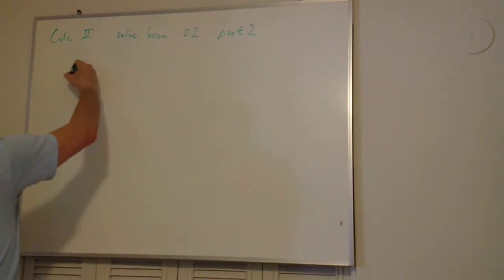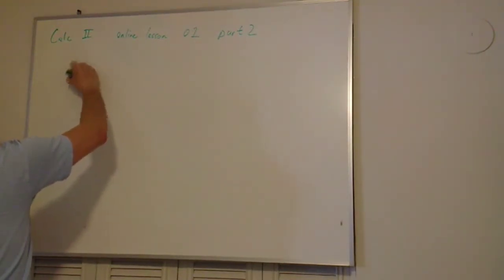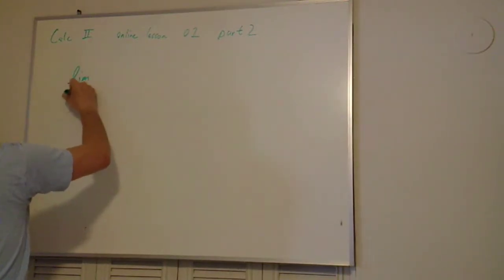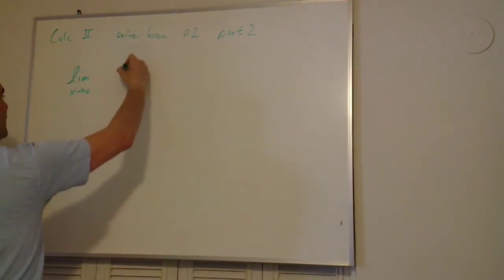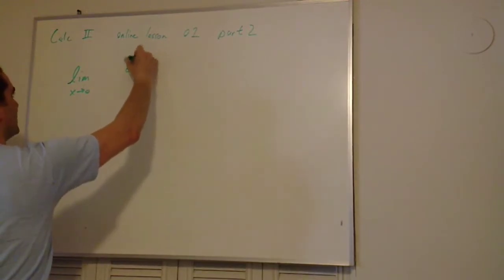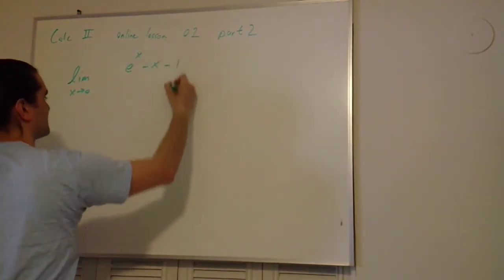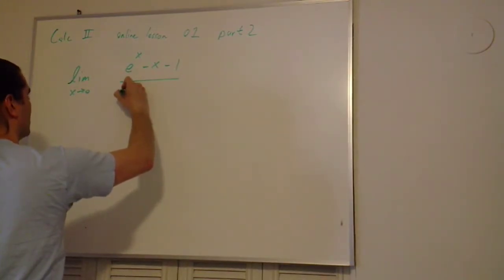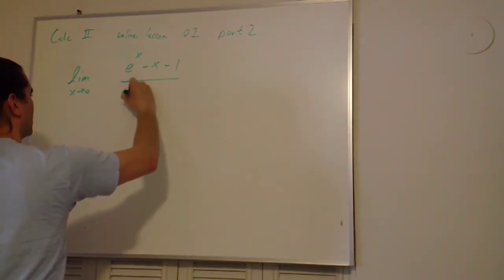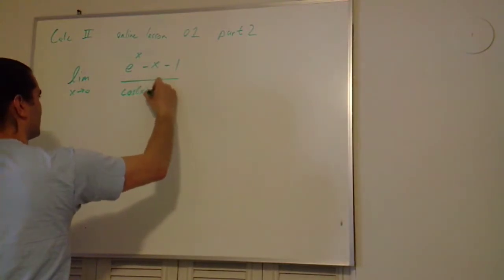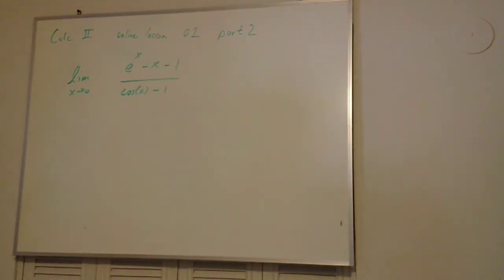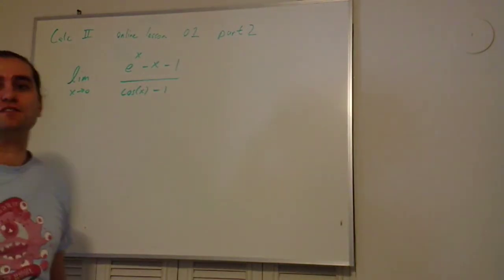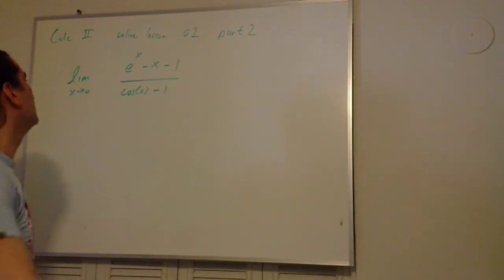I think the example should be the limit as x goes to 0 of e to the x minus 1 divided by cosine of x minus 1. I think this is what I want. We'll see. If it's not, I'll just delete this whole video and start over.